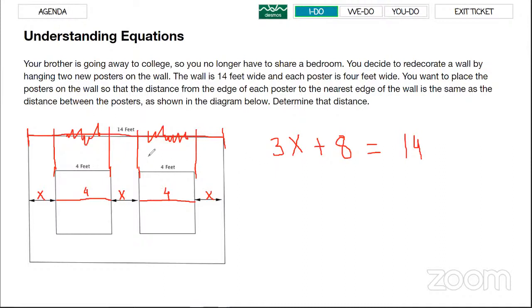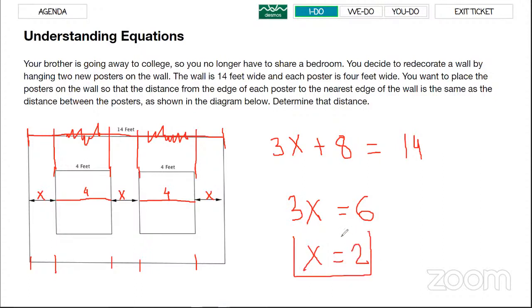If you subtract these sections, only the length of these little equal segments remains. 14 minus 8 is 6, so your 3 X's equal 6. And 3 times what is 6? We know that 3 times 2 is 6. So that means your X will be equal to 2 feet.